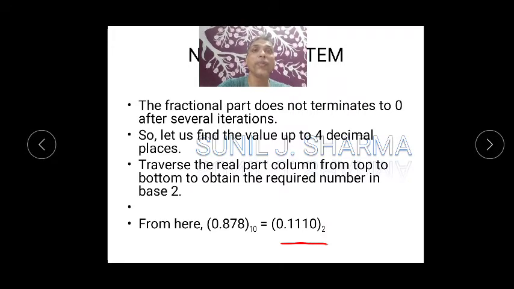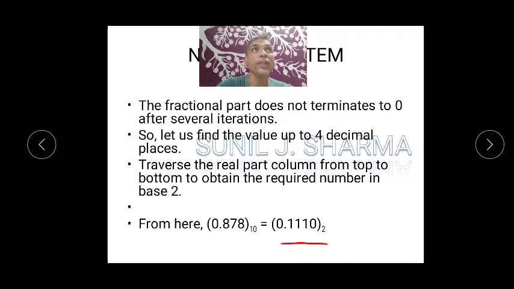What I've taught you in this lecture is how to change decimal to binary, using both methods, that is, the real part as well as the fractional part. In the real part, you have to just divide by 2, and in the fractional part, you have to just multiply by 2.